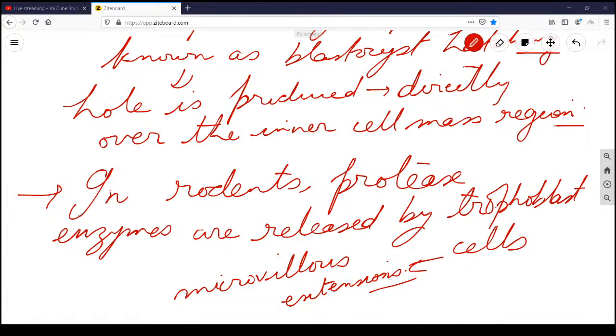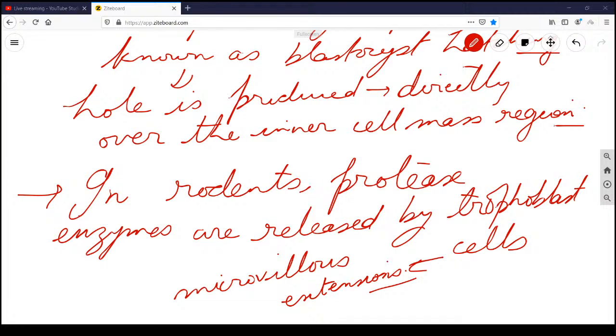Only a few specimens of human embryo have been taken in vivo from the period just preceding implantation. But in vitro studies have happened. So that is known as blastocyst hatching, the breakdown of the zona pellucida in order to release the inner cell mass.